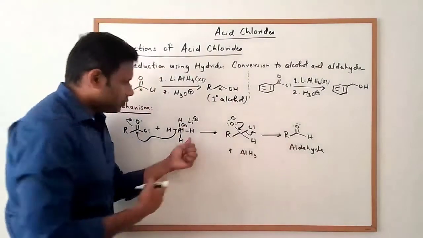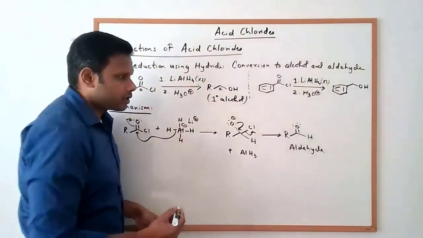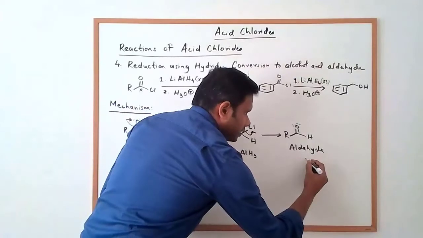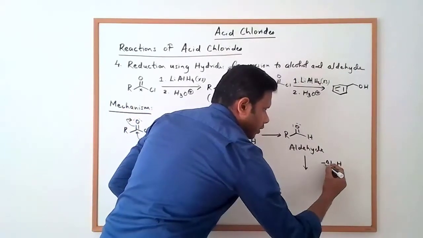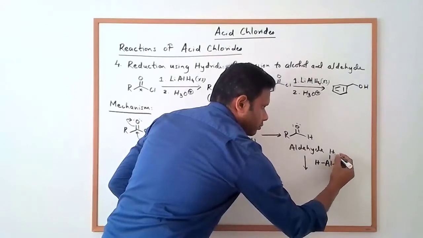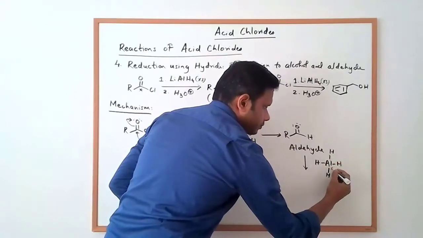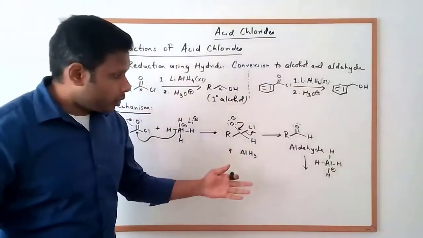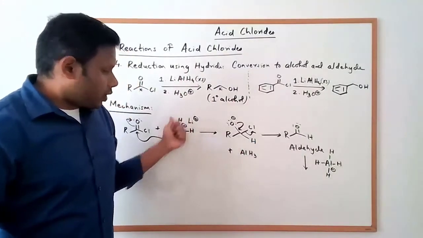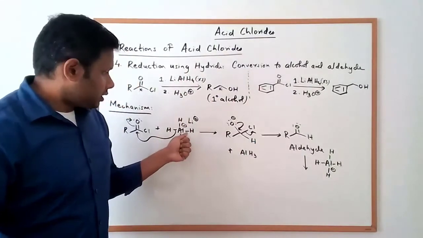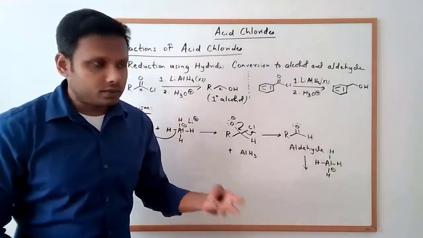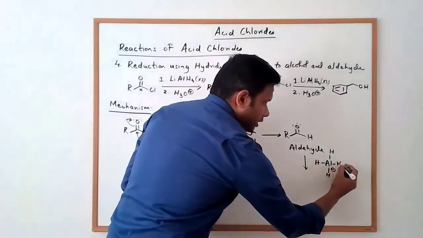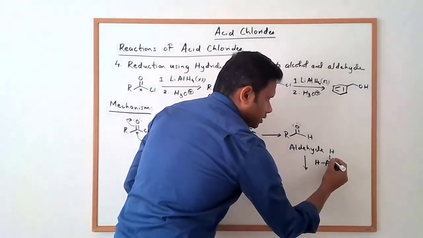So essentially, we use excess lithium aluminum hydride, and the aldehyde now reacts with another molecule of lithium aluminum hydride. In fact, I want to point out that a molecule of lithium aluminum hydride has 4 hydrides on it, and all of them can be used in principle, okay? But for the mechanism here, we're going to use another lithium aluminum hydride.